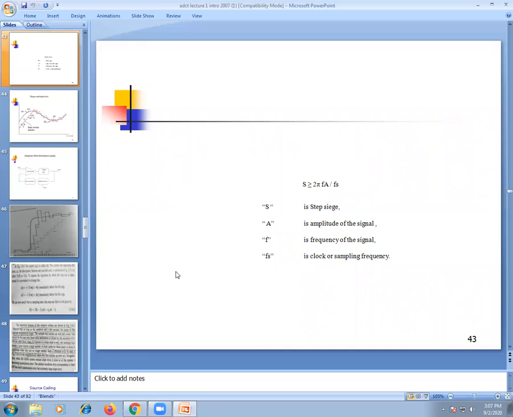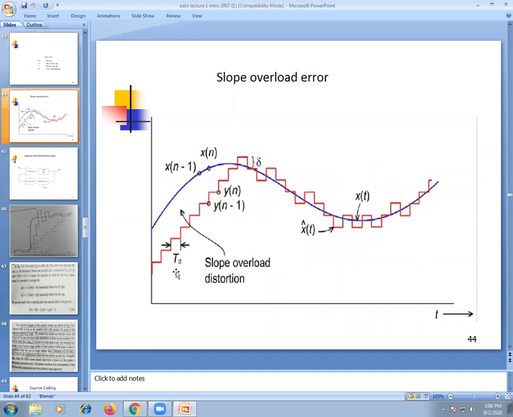In delta modulation, there are two types of limitations. One is slope overload error, and another is granular error. In this example, the blue line is the M of t signal and the red line is the M cap of t signal, the staircase signal.